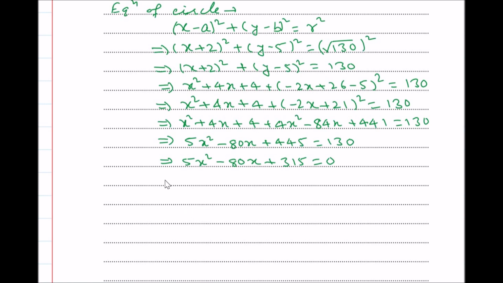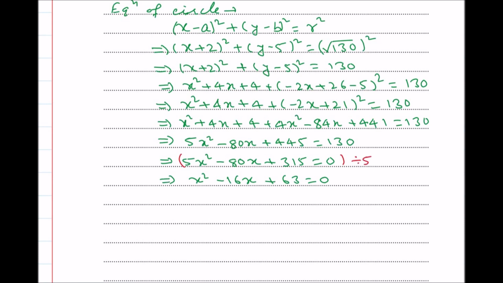Now we can simplify it further by dividing all the terms by 5. So we get x square minus 16x plus 63 equal to 0. What I did here, we divided all the terms by 5.